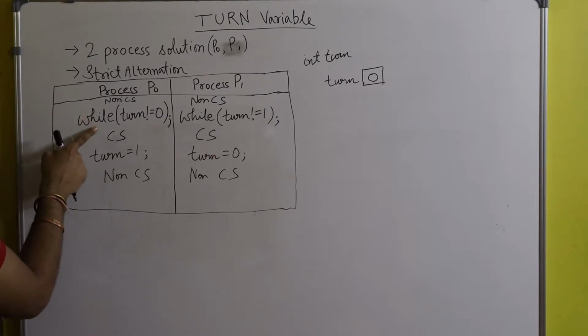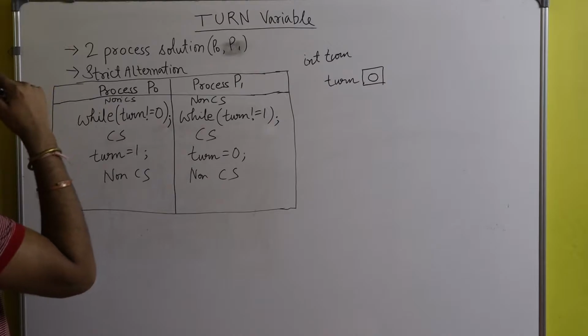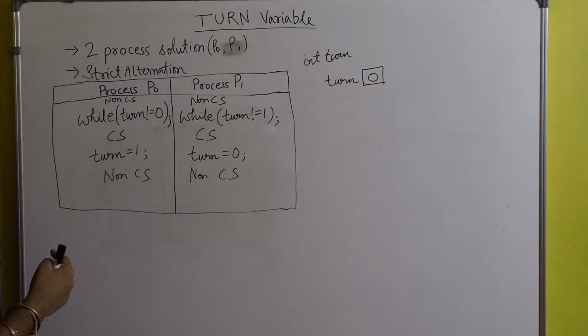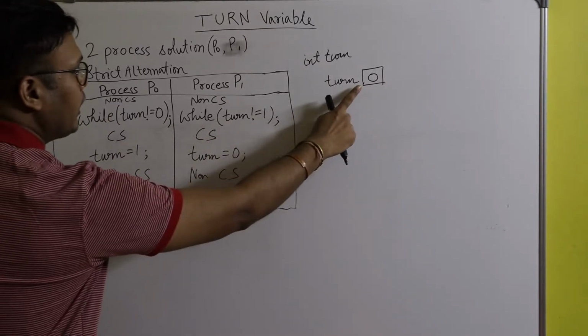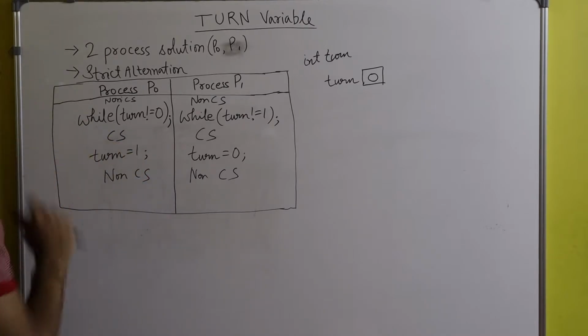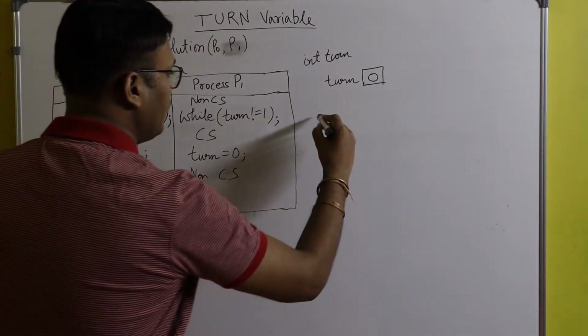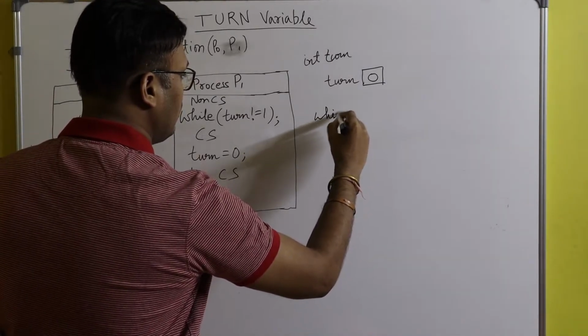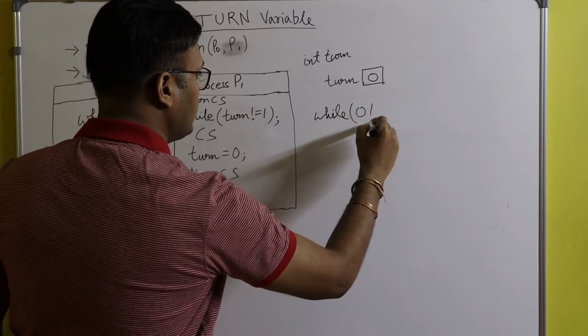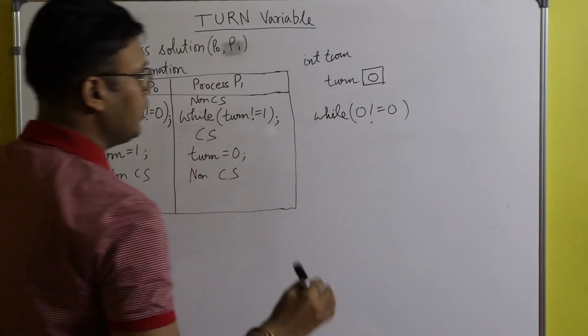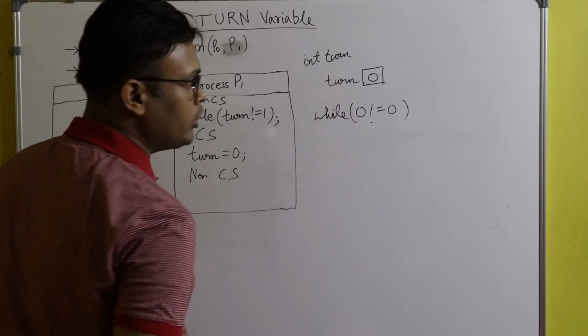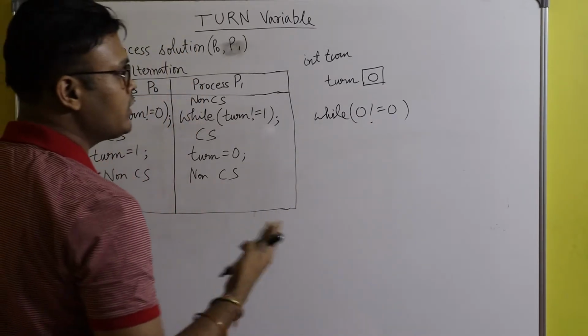What's written here? While turn not equal to 0. The value of turn is 0. So basically, while 0 is not equal to 0. While 0 is not equal to 0, definitely it's a false statement.